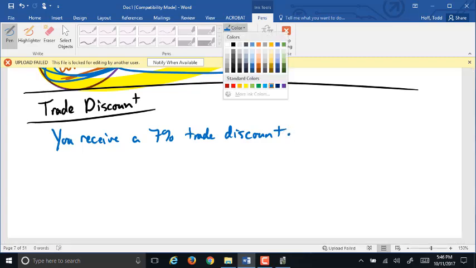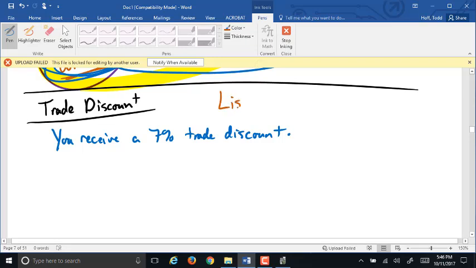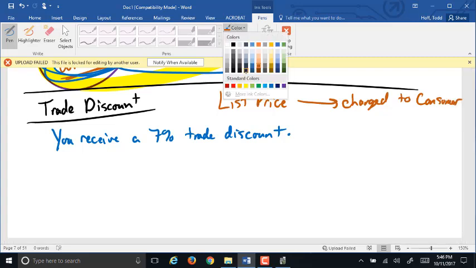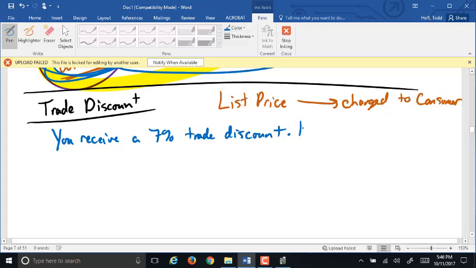Now, list price is what would be charged directly to a consumer. So you receive that 7% trade discount.